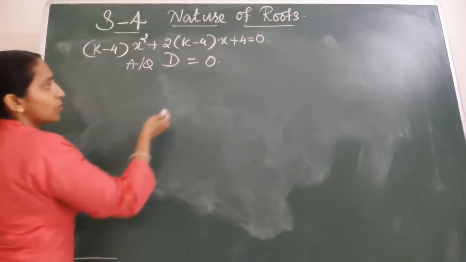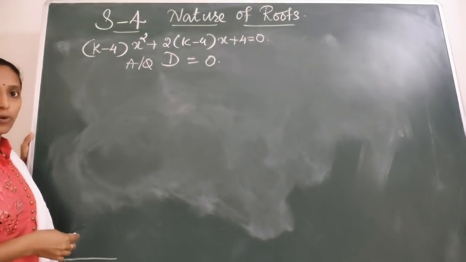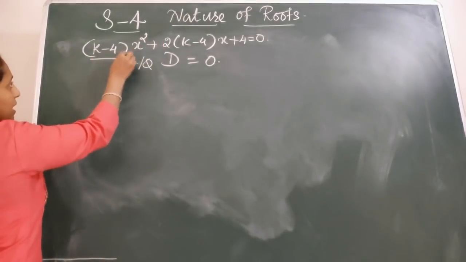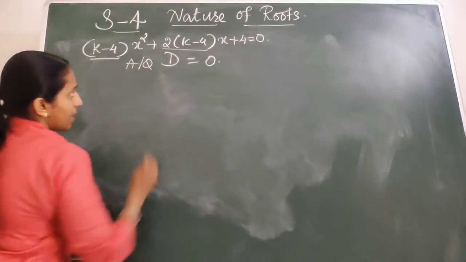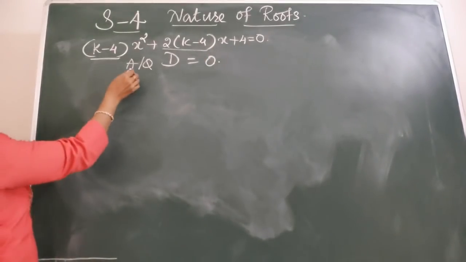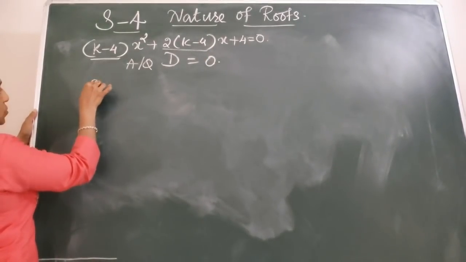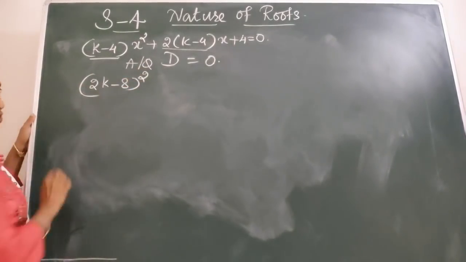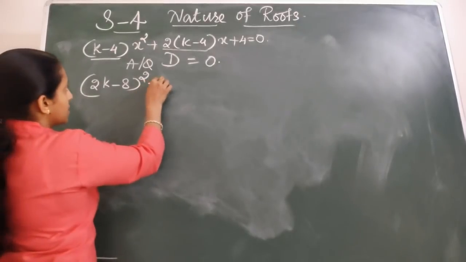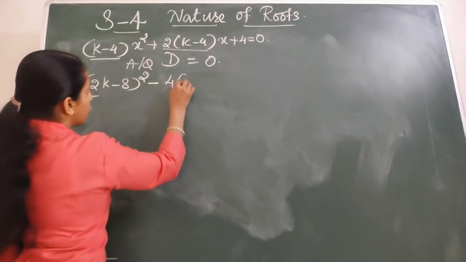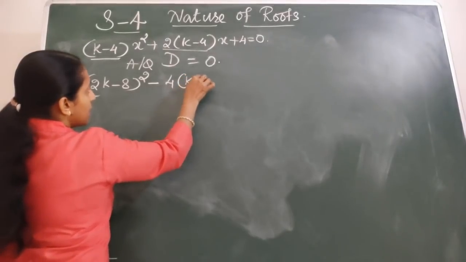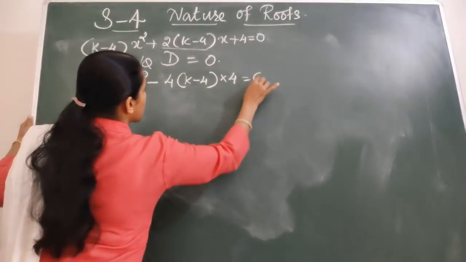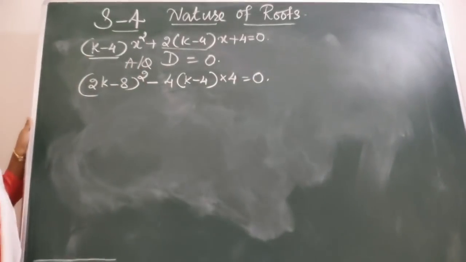D equal to 0 means b square minus 4ac equal to 0. So you are going to take out: this is our a, this whole is b, and c is 4. So b square minus 4ac means (2k minus 8) whole square minus 4 into (k minus 4) into 4, equal to 0.